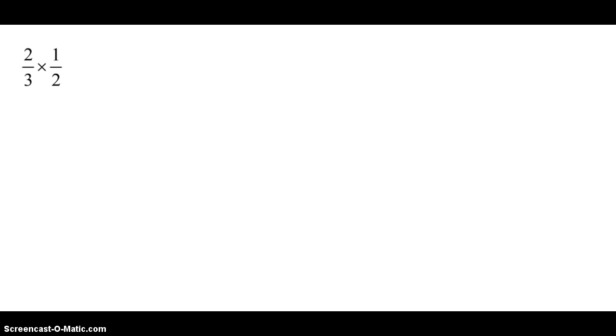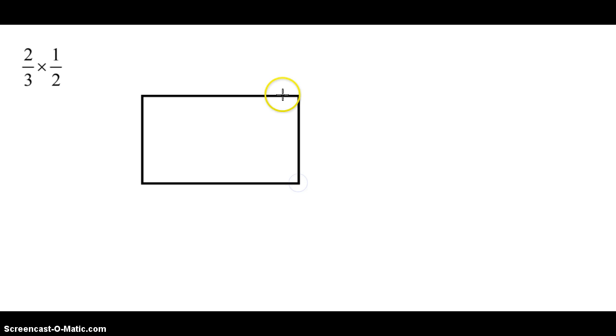So if I was to say 2/3 times a half, I would interpret this as 2/3 of 1/2. The way I would model that is I'd create an area model of 1/2 to start with. And so I might have something like that. Then I'd want to color in that 1/2.